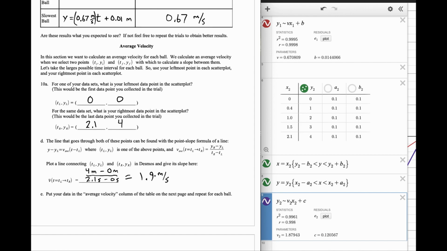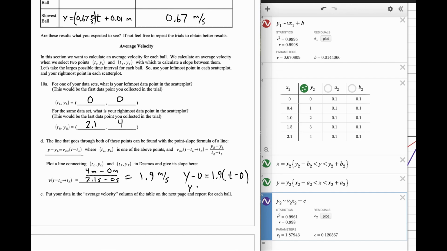Alright, to construct an equation using those points, it says here you could use what's called the point slope formula. So that would just be y minus 0 equals 1.9 times t minus 0.